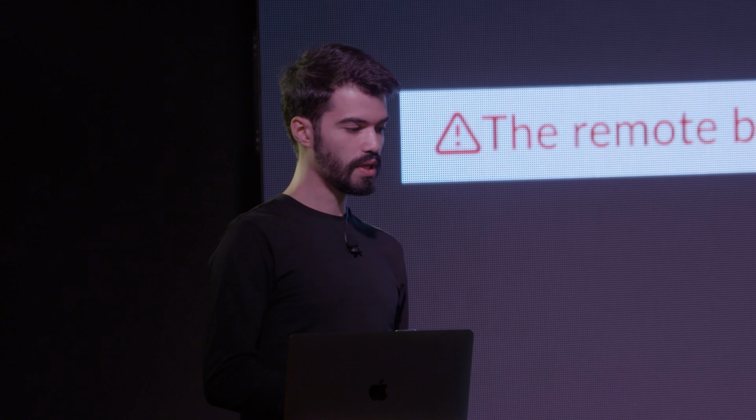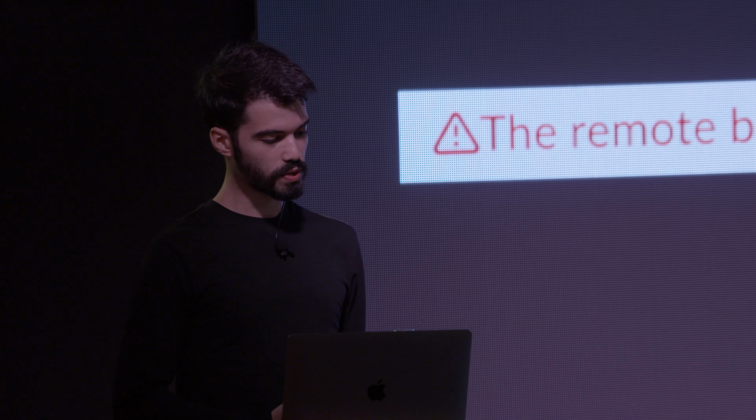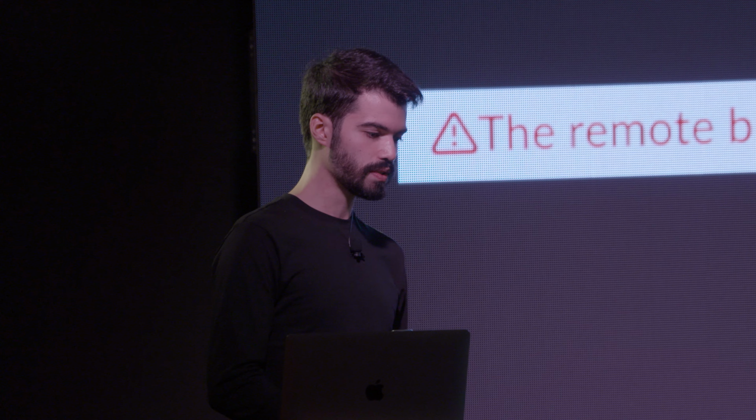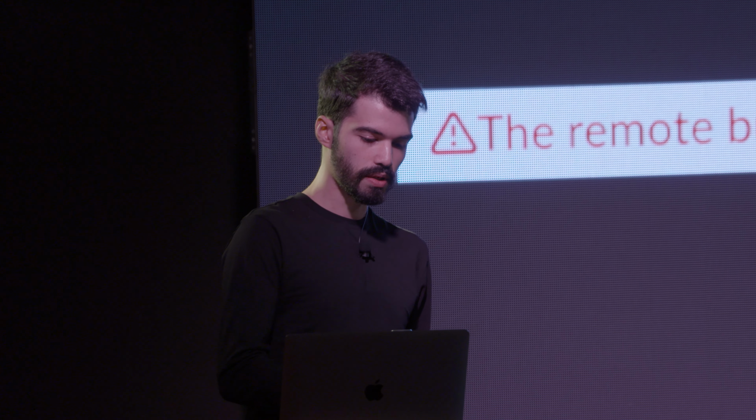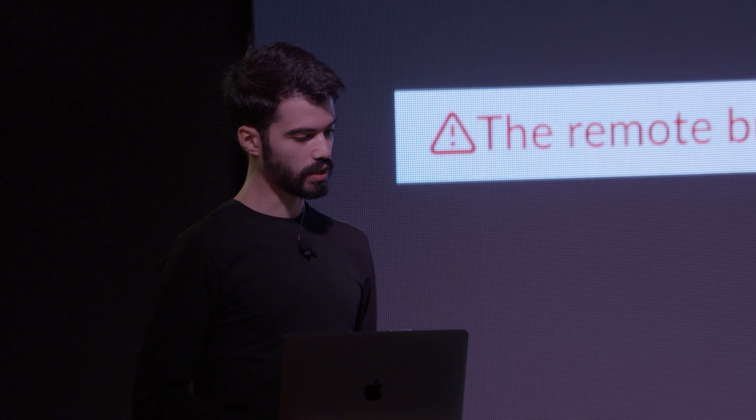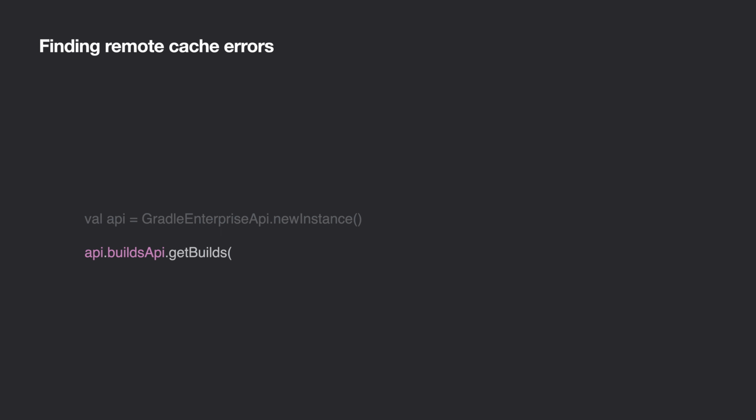So the API can not only help us quickly find other cases, but root cause the problem, and also you can build alerts with this if you want, like a gentleman asked previously. So we'll use the builds API this time, and there's the get builds endpoint.